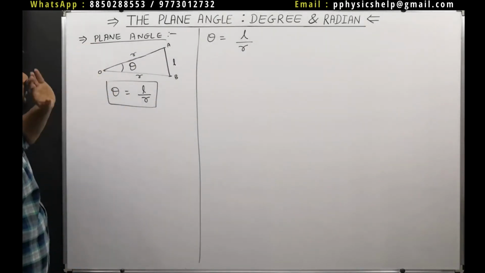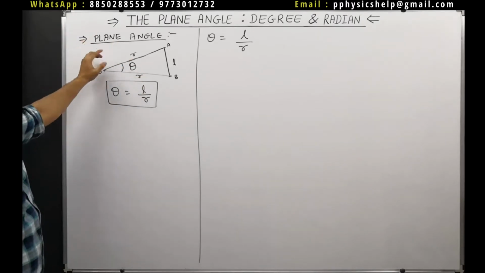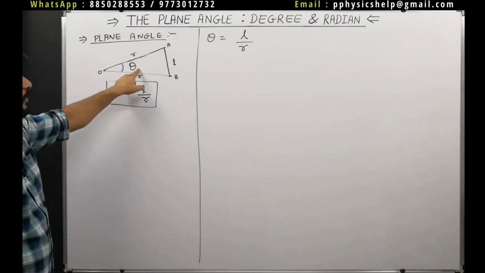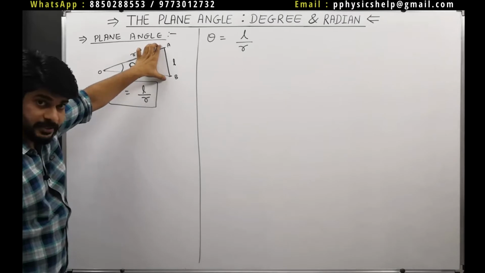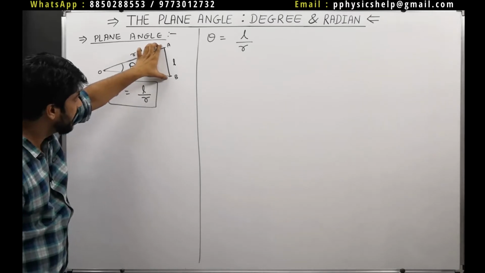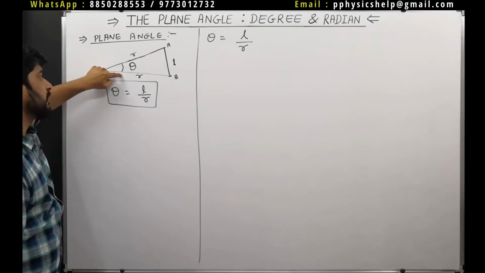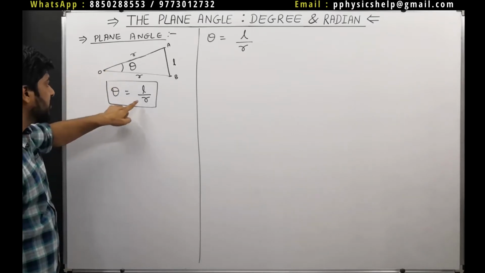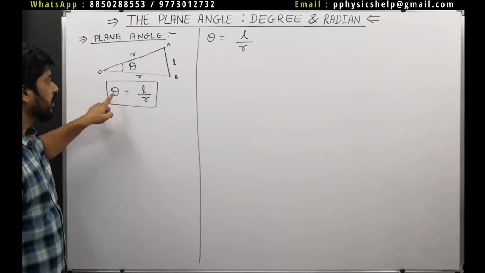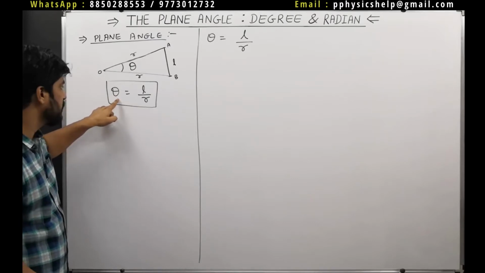So here, just revising this, what is a plane angle? The angle subtended by any line at a given point is called a plane angle, and it is defined by this equation. And how did we get to this equation? It was very simple.